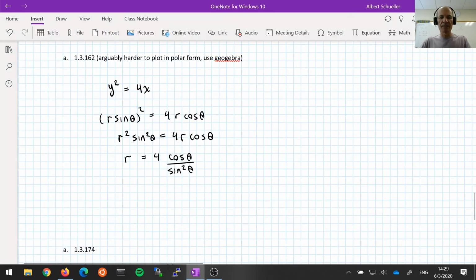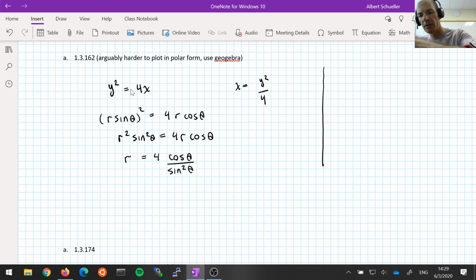Is that consistent with what we would expect? Well, if you go back to the original Cartesian form, it's actually a lot clearer what this should look like. It's a parabola opening around the positive x-axis. X equals y squared over 4. Right, x equals y squared over 4. We see that as just a parabola opening like this.